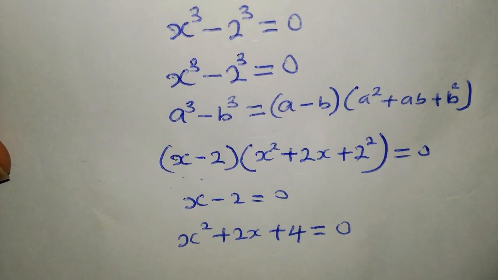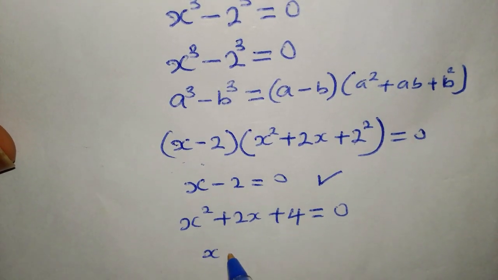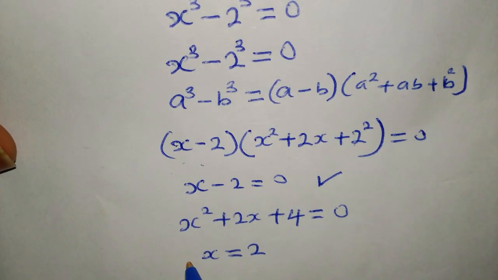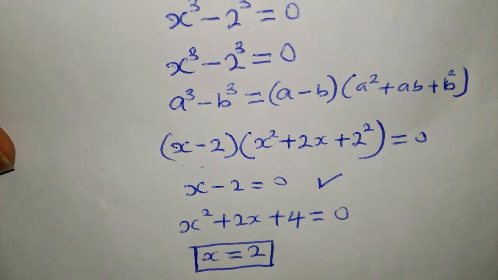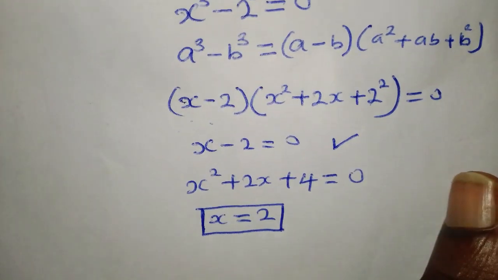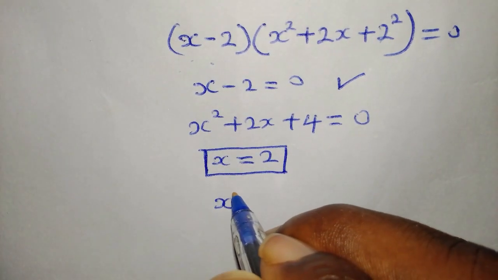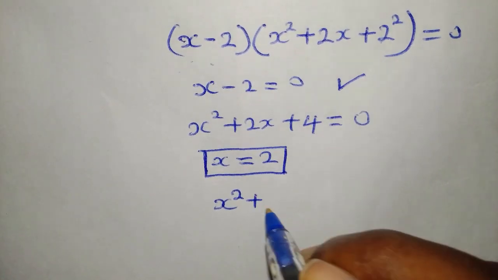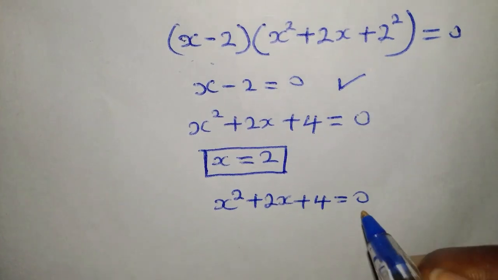Looking at our first case, x is equal to 2. Now we'll solve x to the power of 2 plus 2x plus 4 equals 0.